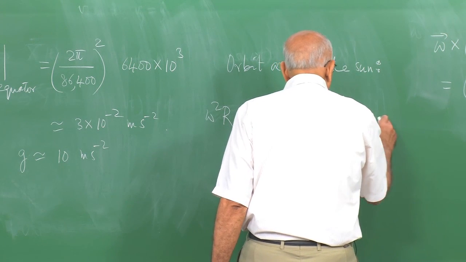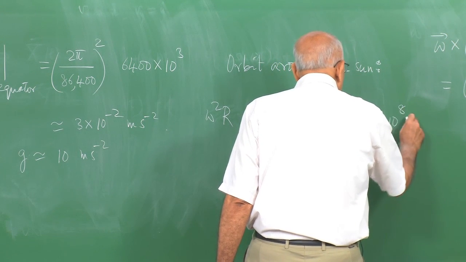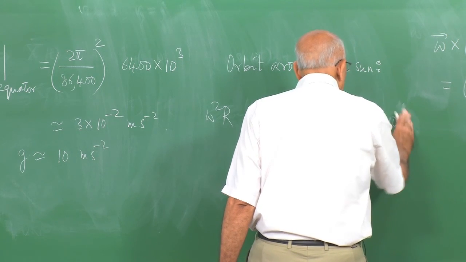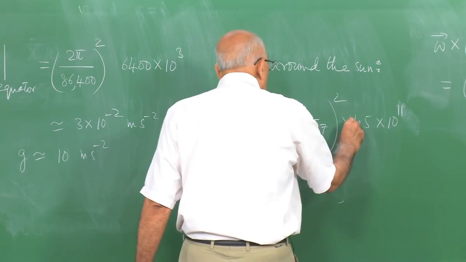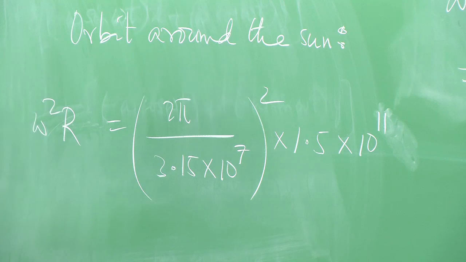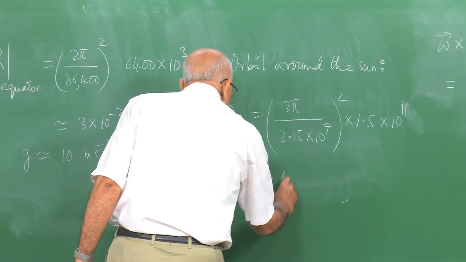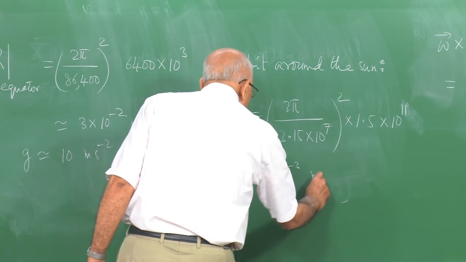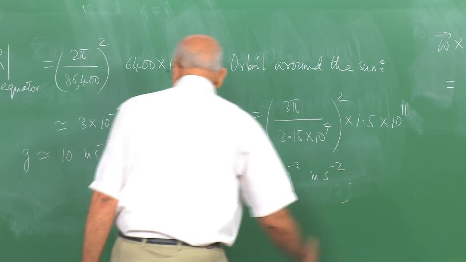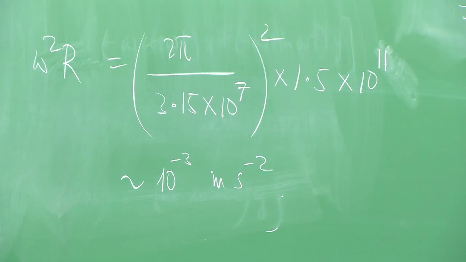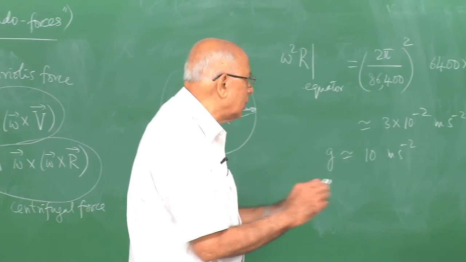So it is 1.5 times 10 to the 8 times 10 to the 3, that is 10 to the 11 meters, and this is what we have to compute, and this is of the order of 10 to the minus 3. Again, a very small correction. This acceleration is very, very small compared to little g.